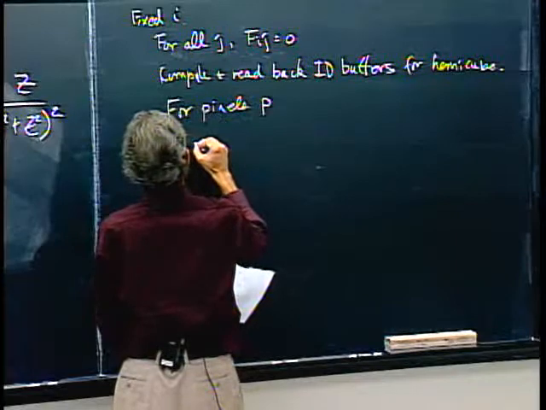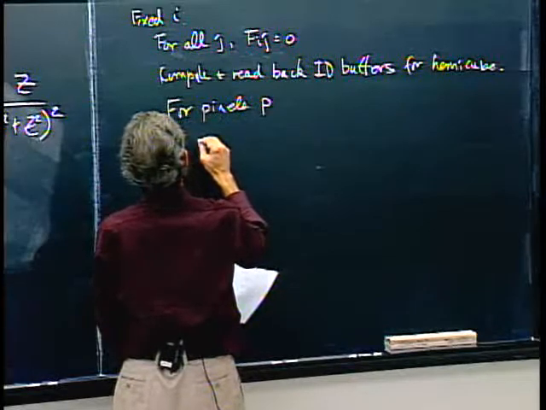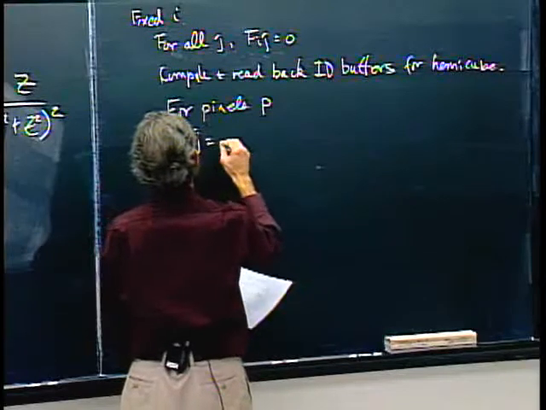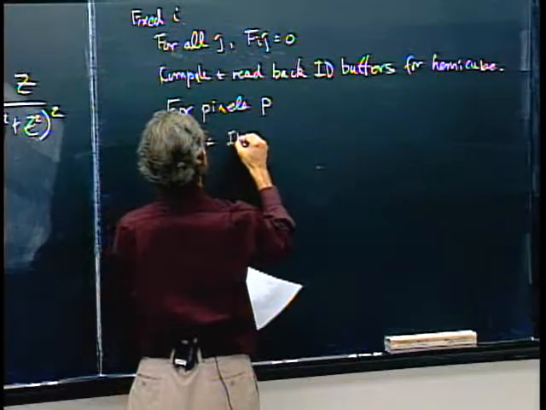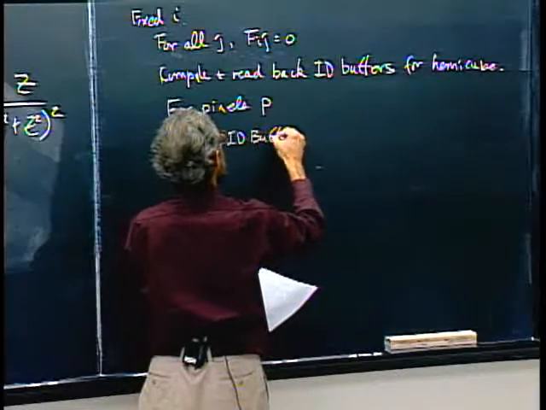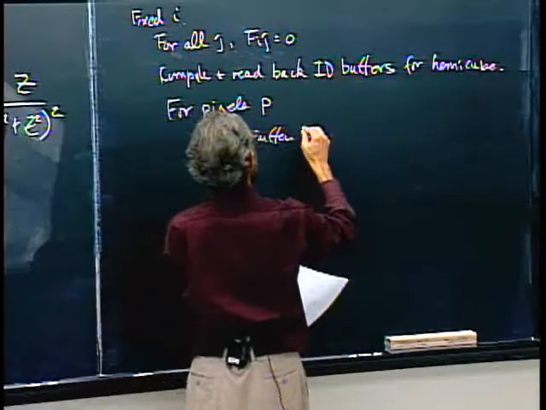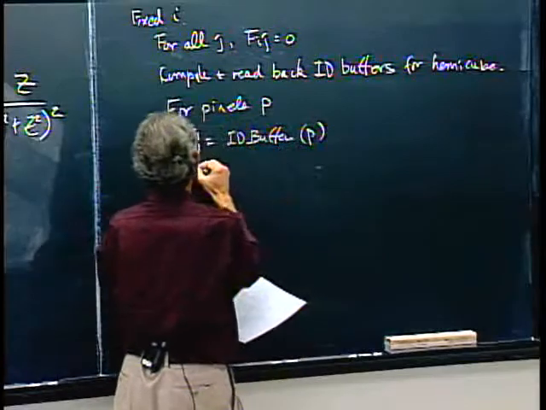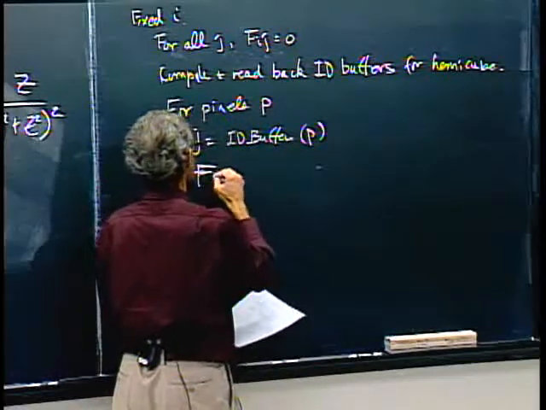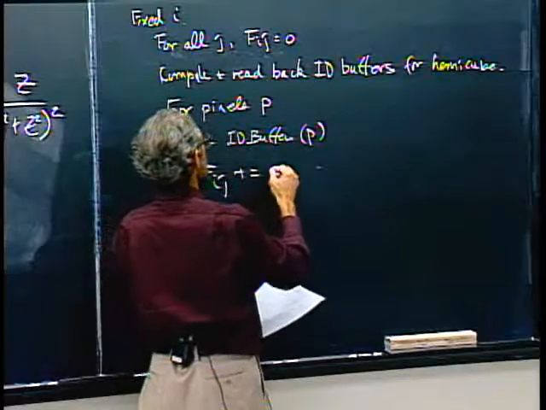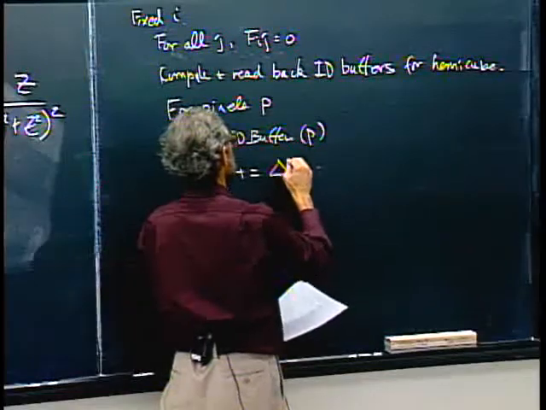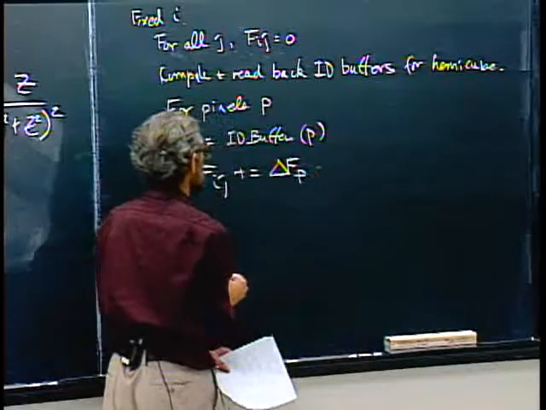we're going to look at the ID buffer. We're going to say J equals the ID buffer at pixel P, and we're going to increment Fij by the delta form factor at that pixel.